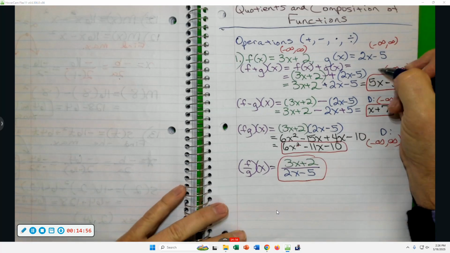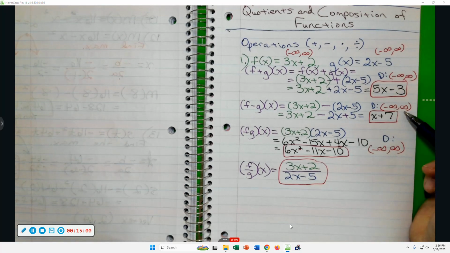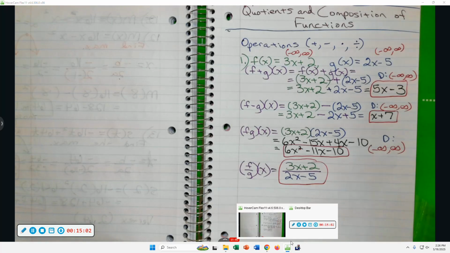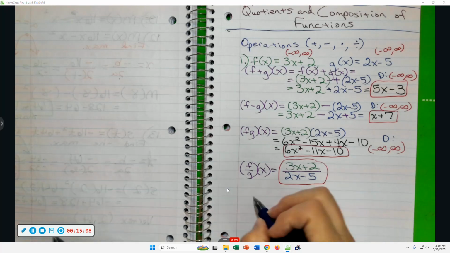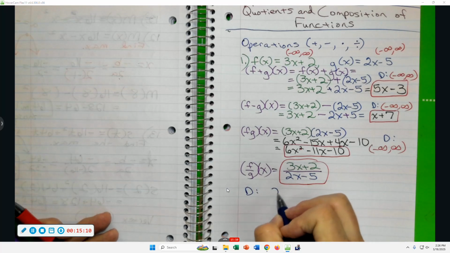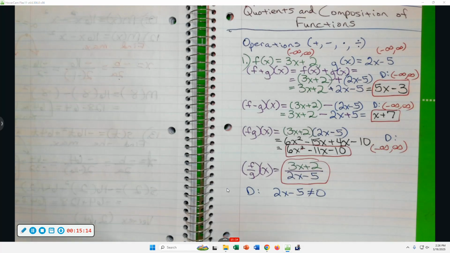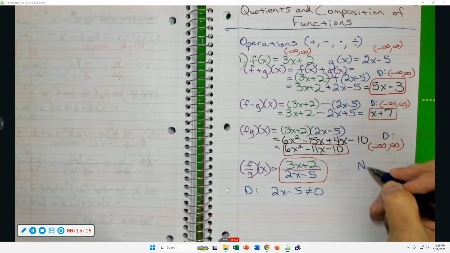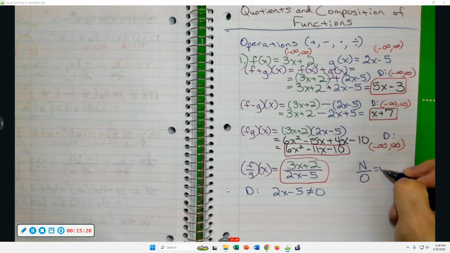Notice I'm putting little d colon, so you know those negative infinity to positive infinity, that's the domain for f plus g, f minus g, and f times g. But for f divided by g for the domain, you cannot let the denominator be 0. Remember, we said a number divided by 0 is undefined.